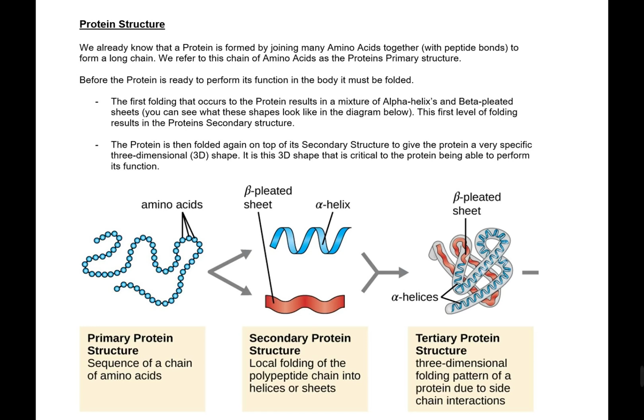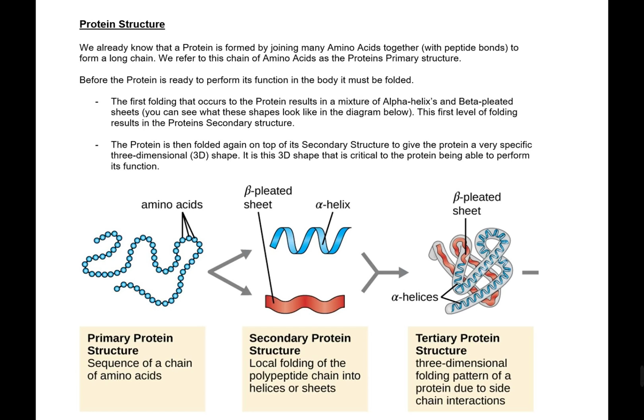That particular structure is held together by additional bonds, which include hydrogen bonds, but they also include disulfide bridges, which are very strong covalent bonds, and ionic bonds, which also form as well. This particular structure gives the protein its very specific three-dimensional shape.